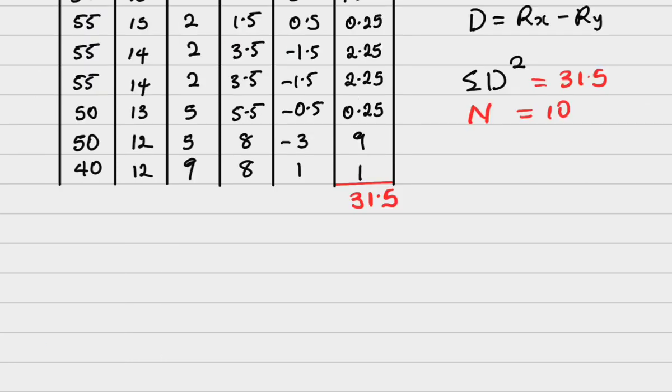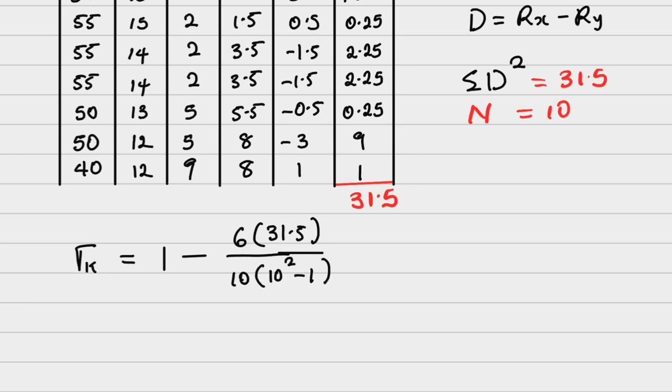Now, since I have everything, I'm going to put it in the formula so that I'll get my answer. That is the Spearman's rank correlation coefficient. So this is going to be 1 minus 6 into summation d squared, which is 31.5, all over 10 into 10 squared minus 1.